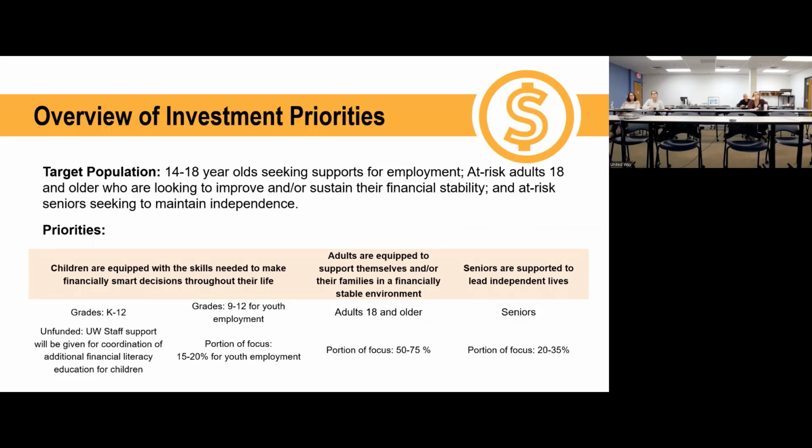For adults, we are looking at housing, employment, and financial literacy. And finally, in that senior population, employment is less of an issue. So we're looking at financial literacy and housing, making sure that seniors can stay in their home for as long as is safe.